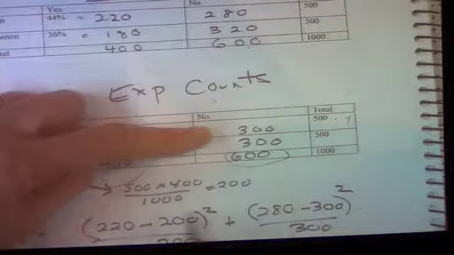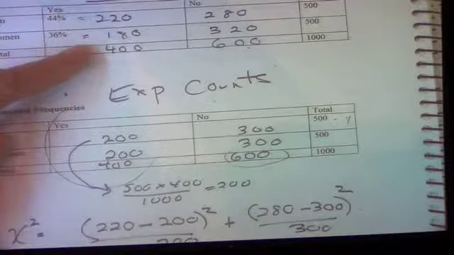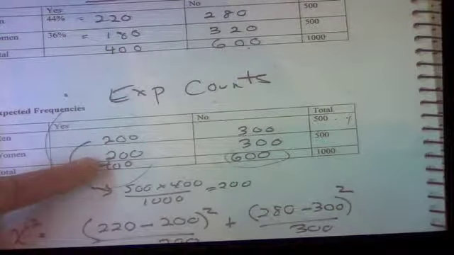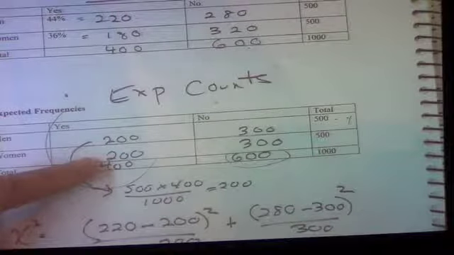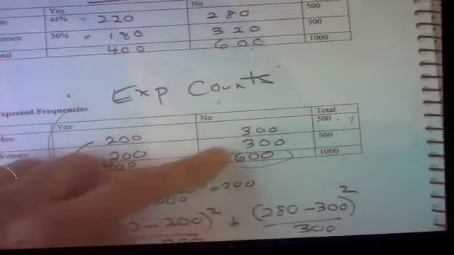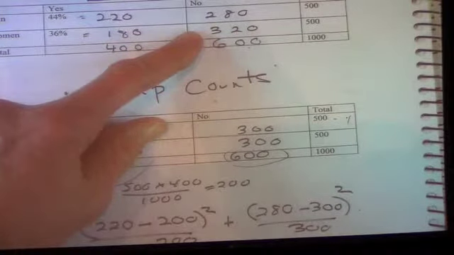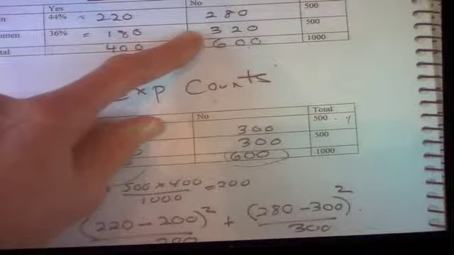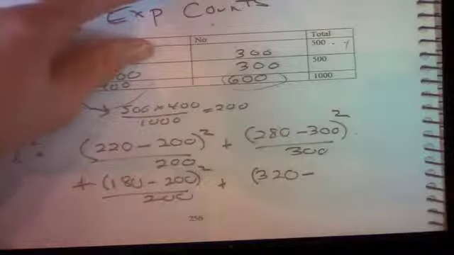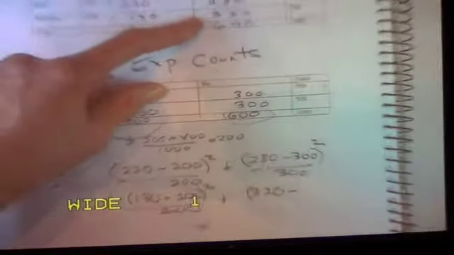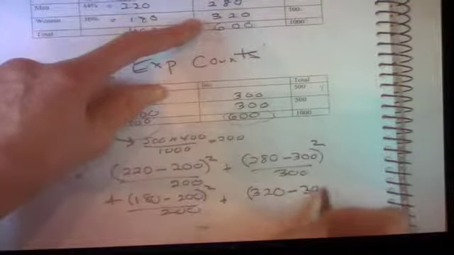Now I'm adding all four of them. 180 minus its expected 200, squared over 200. And our final one: 320 minus 300, squared, divided by 300.